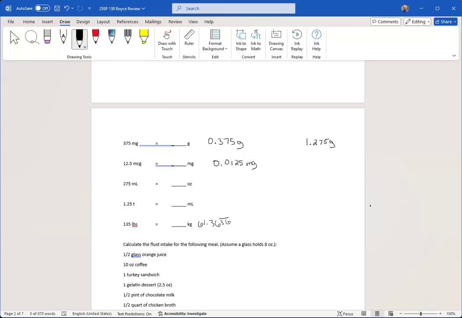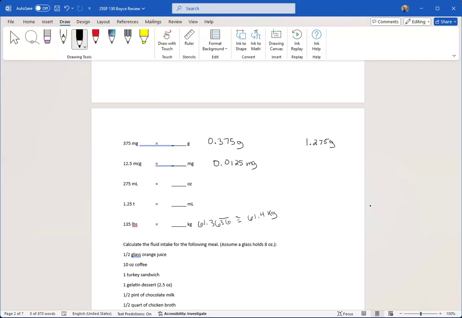I do not want to round it to the nearest whole number. I want to round it to the nearest tenth. The only reason you would deviate from that is if your instructor specifically told you to round to the nearest whole number. But from what I understand, you are supposed to be rounding to the nearest tenth for most of these things. So leave it at that.